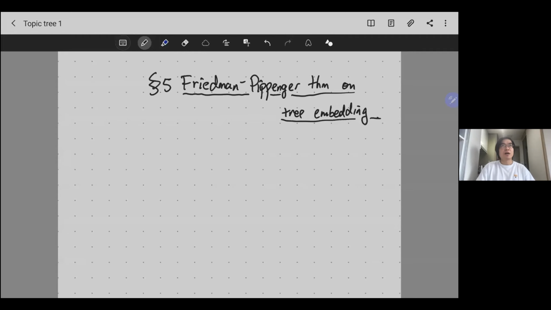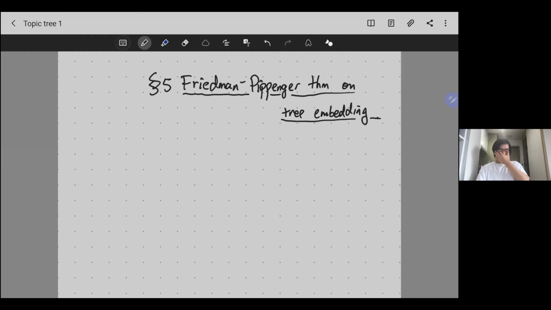So after paths and cycles, the other simplest structure that we can find will be trees, right? In a sense, trees are acyclic, so could be considered even simpler than graphs with a cycle.